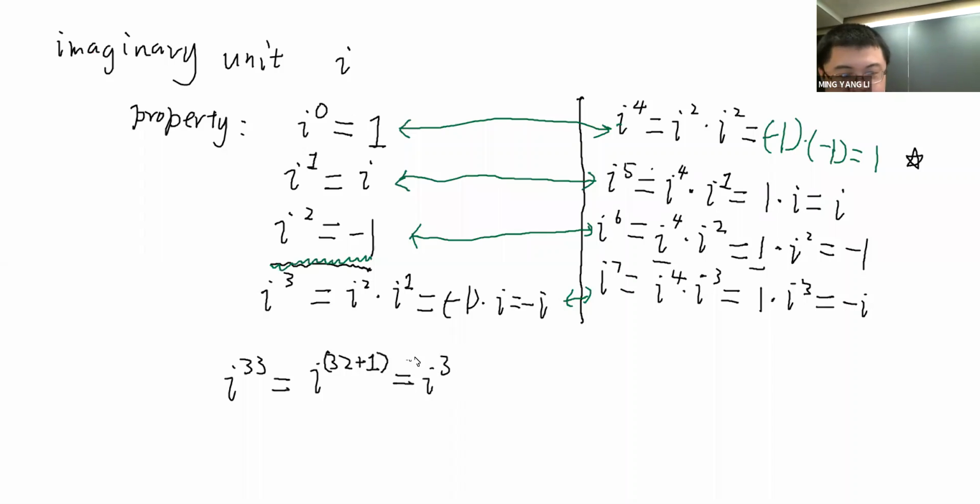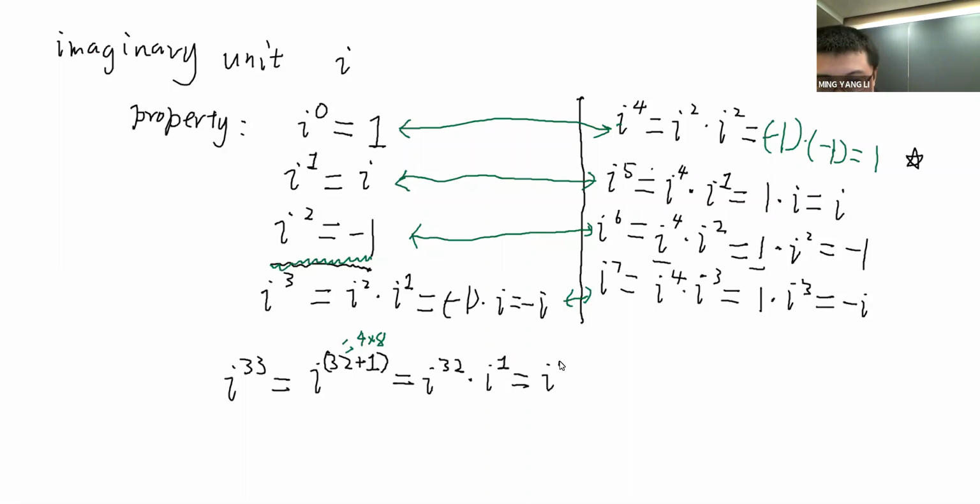Because 32 equals 4 times 8, which means I to the power of 32 plus 1, first you write it as I to the power of 32 times I to the power of 1 by the product rule of exponents, and then 32 is 4 times 8.